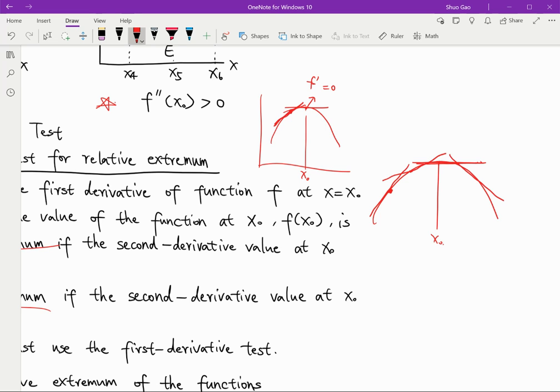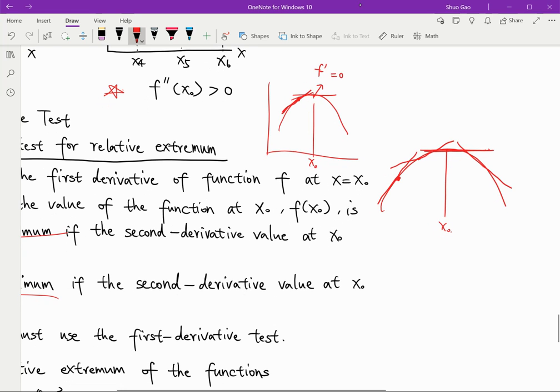So for the second derivative at the point x0 here, the slope of the function changes from a positive number in the left neighborhood to a negative number in the right neighborhood.